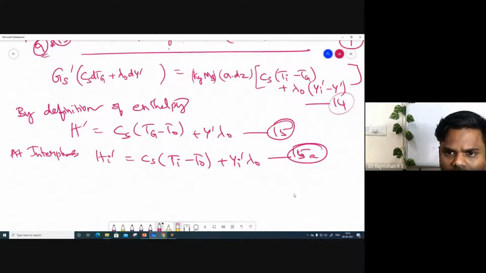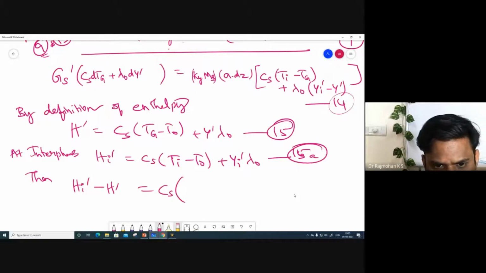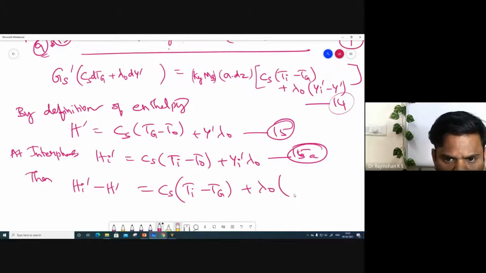Then what will be the value for Hi' minus H'? Hi' minus H' is equal to this minus this. We can write Cs as common outside: Ti minus T naught minus Tg plus T naught, so the T naught will get cancelled. So we have Ti minus Tg plus lambda naught into Yi' minus Y'.